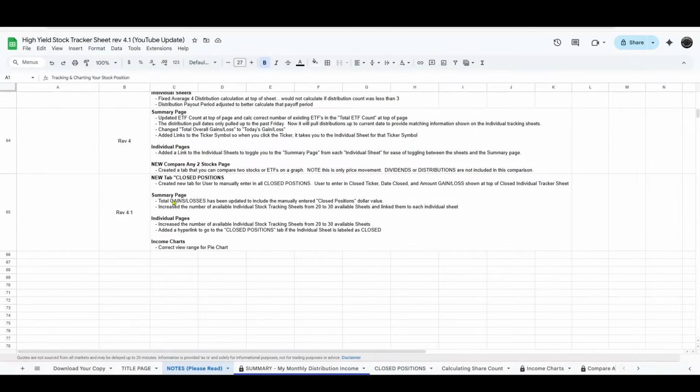What's next? Well, on the summary page, as I stated, I did add in those closed position dollar values to that number, and we just went over that. The second thing I've added is I have stretched out the number of tickers from 20 individual sheets to 30 individual sheets.